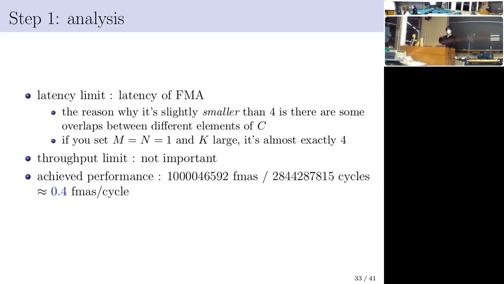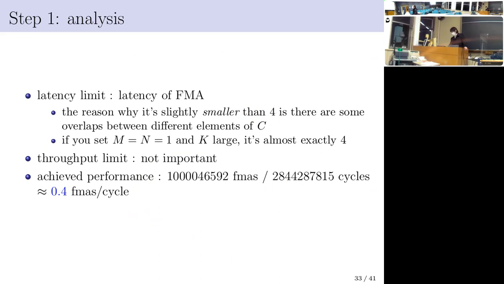The reason why it's somewhat better than what we expect is not hugely important, but the reason why it's slightly smaller than 4 is that there are some overlaps between iterations updating one element of C and iterations updating the next element of C.